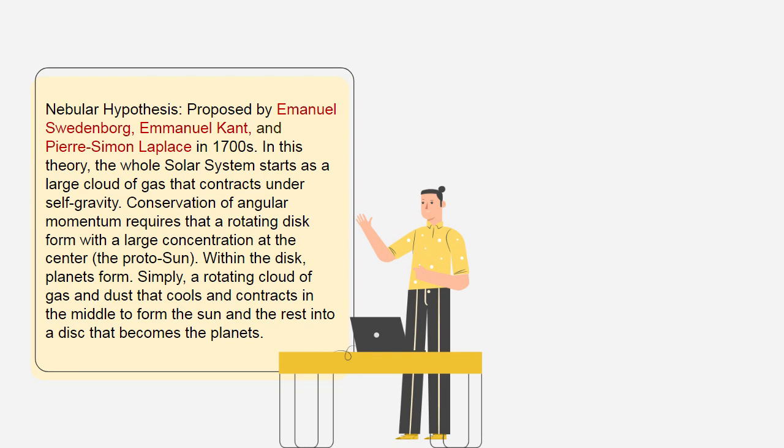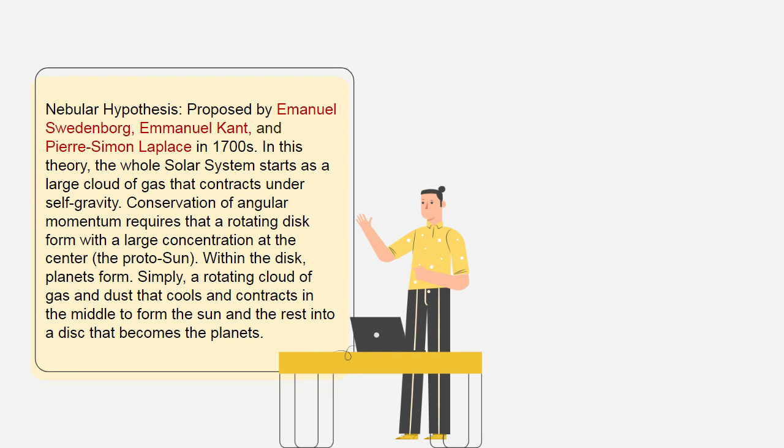So, how did the solar system form, with all these different types of objects? Currently, the best theory is the nebular theory. This states that the solar system developed out of an interstellar cloud of dust and gas called a nebula.